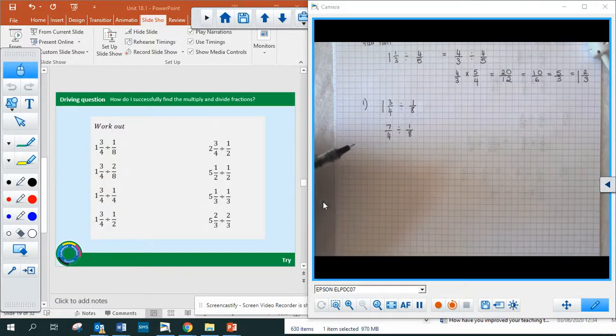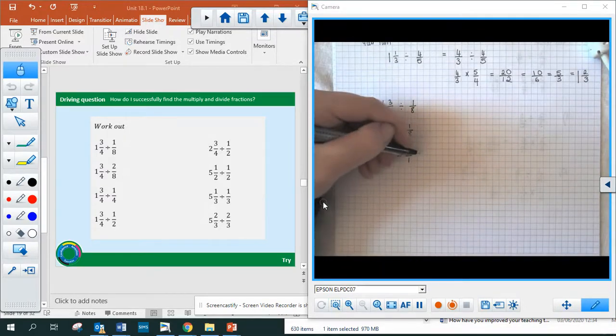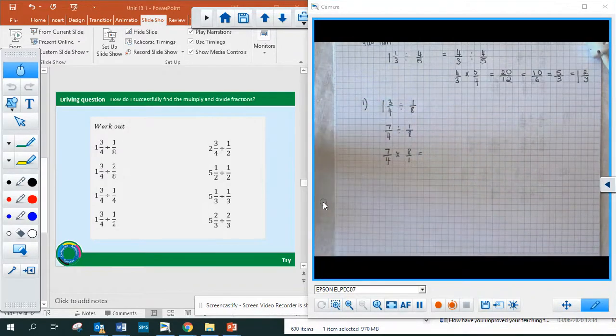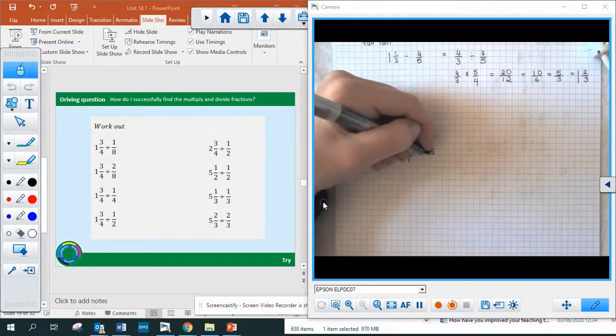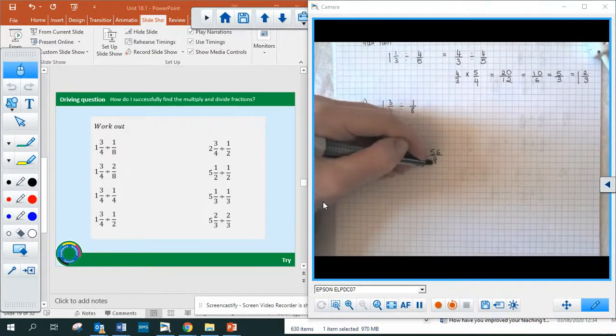Okay, now I'm going to apply my rules. Keep the first one, change my division to multiplication, and flip my last one. Now multiplying as normal, so multiply my numerators. 7 times 8 is 56. 4 times 1 is 4.